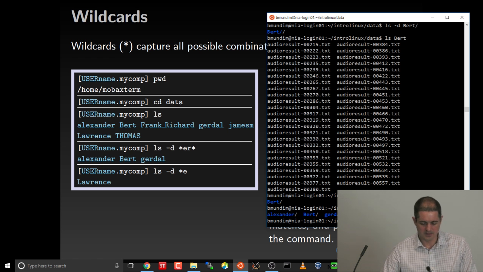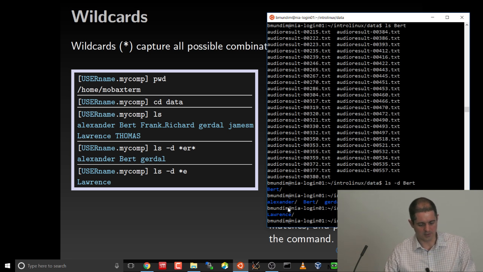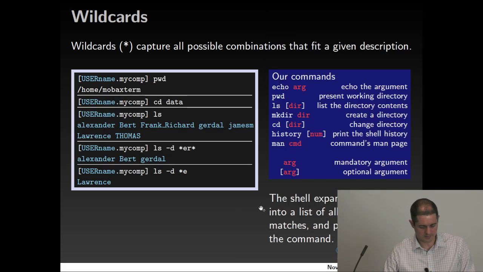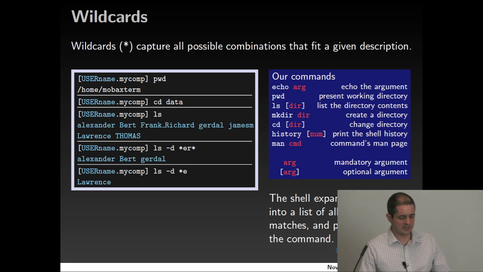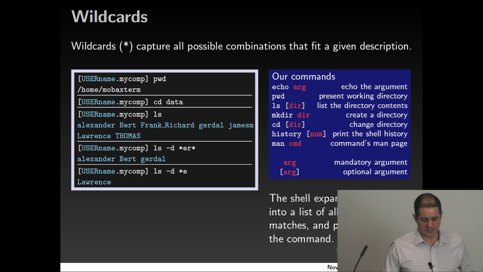If I want every directory ending in E, I type it like this, and then I have Lawrence. So it expands to all possible matches for that, everything it can find. Questions?